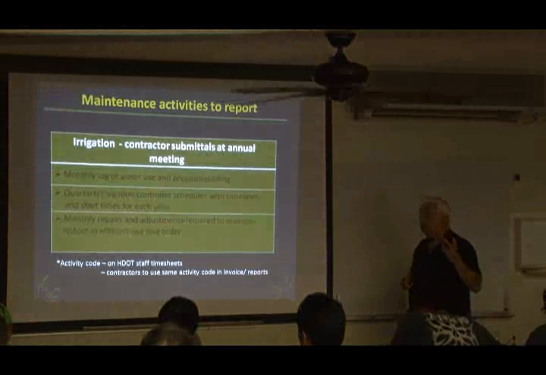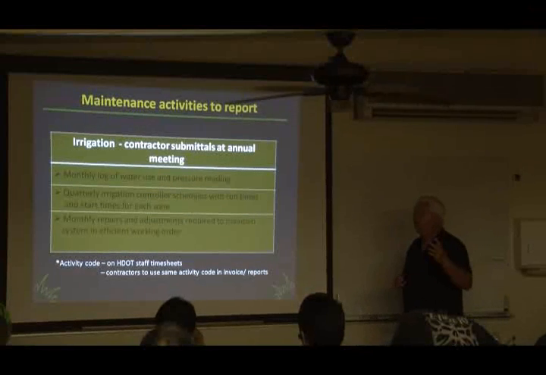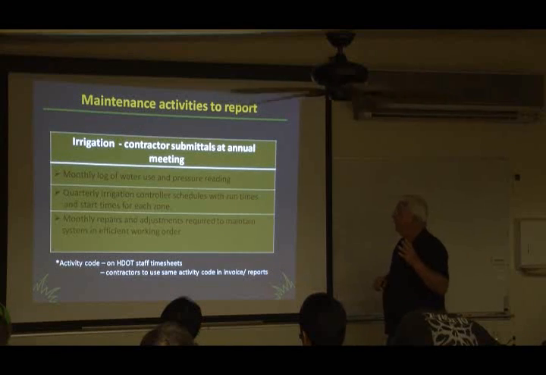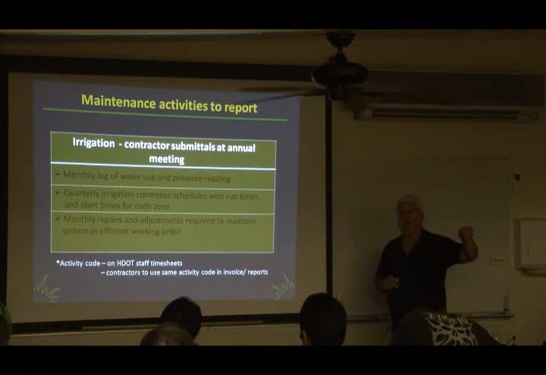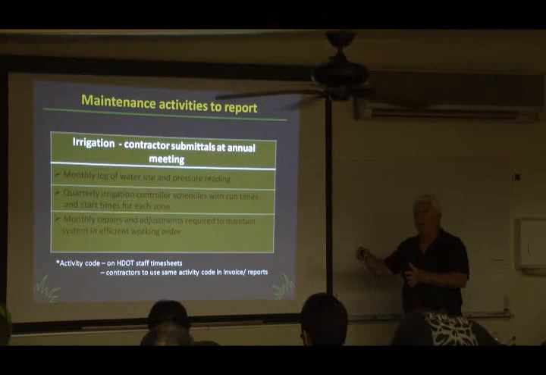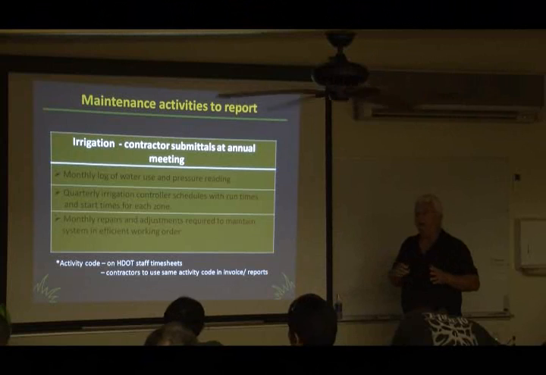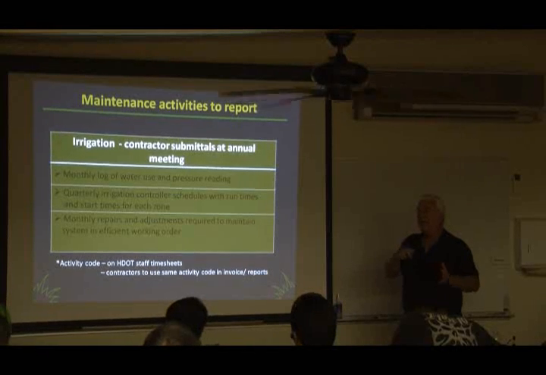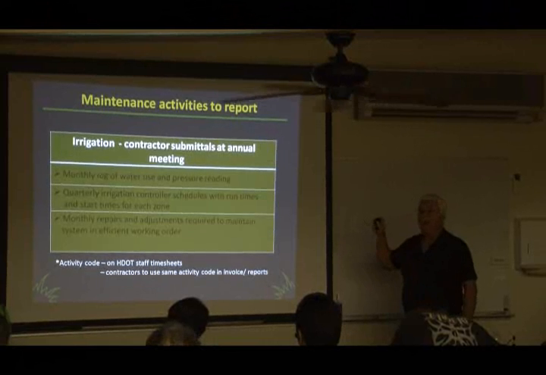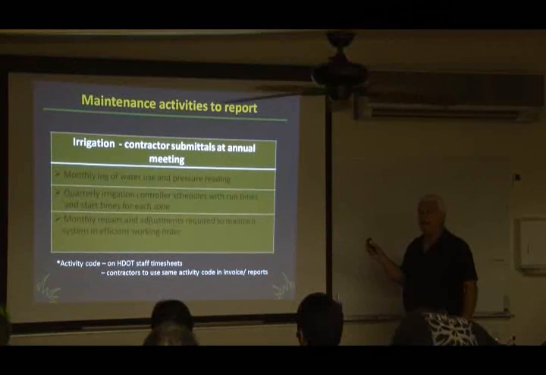Irrigation contractors, and I think also DOT, are going to be required to have an annual walkthrough of areas that are irrigated with the inspector to identify various areas that are a problem that either have or have not been addressed. There's going to be a monthly report due on irrigation activities and repairs.